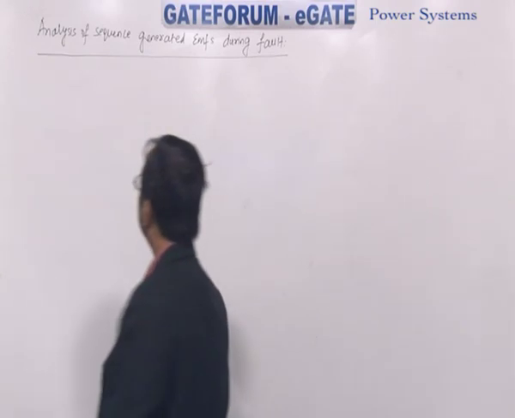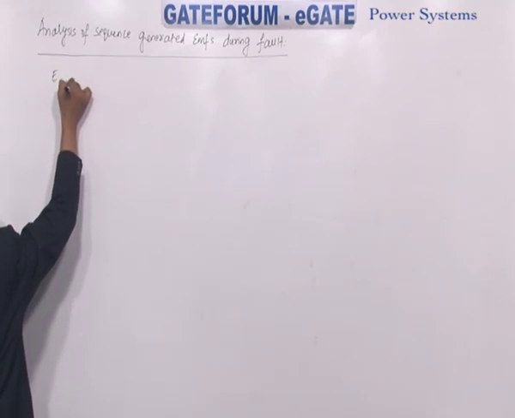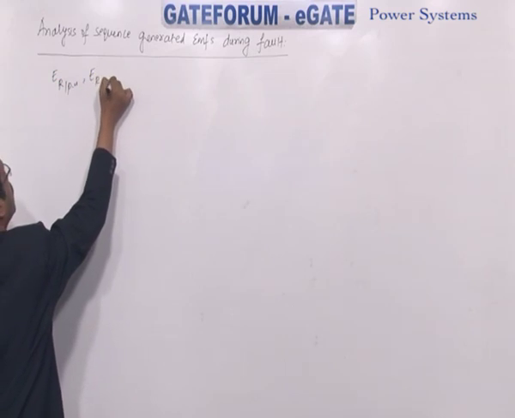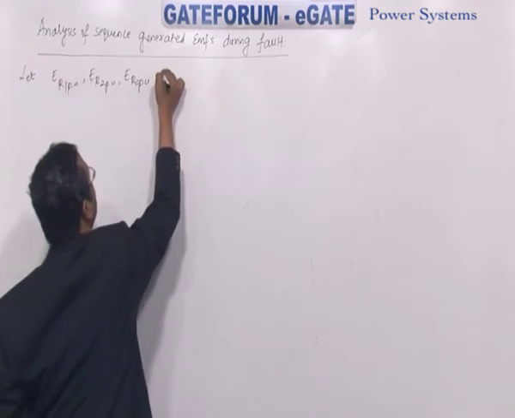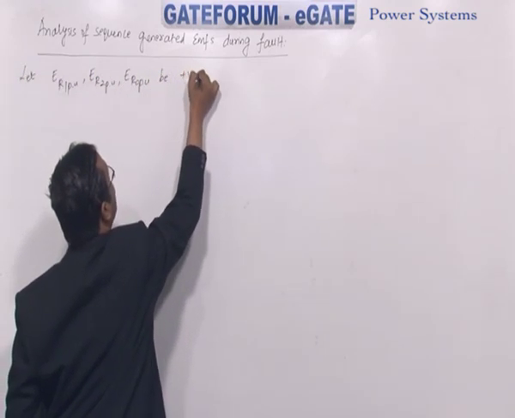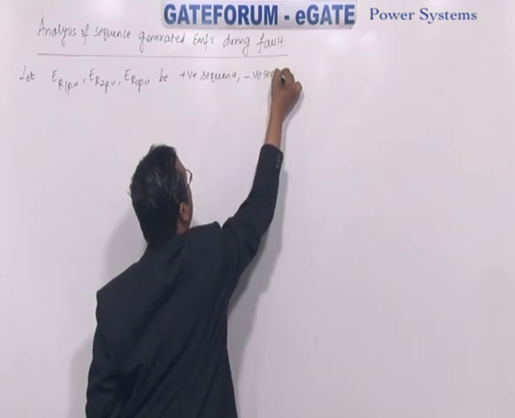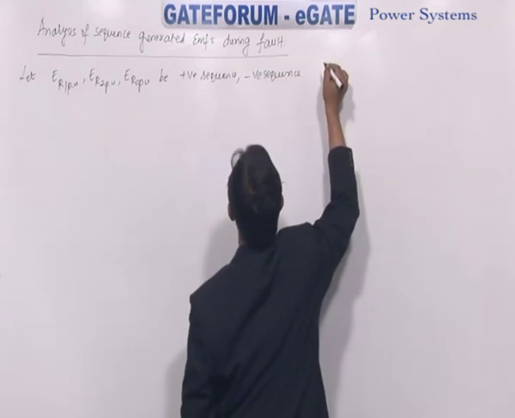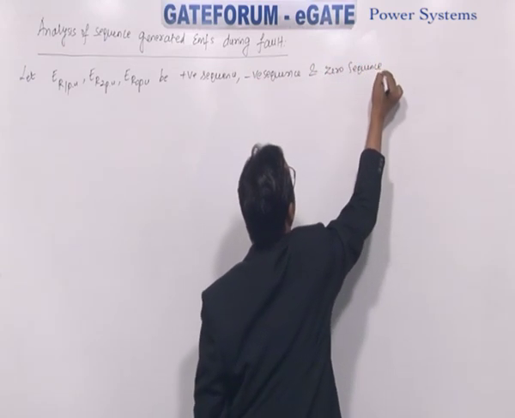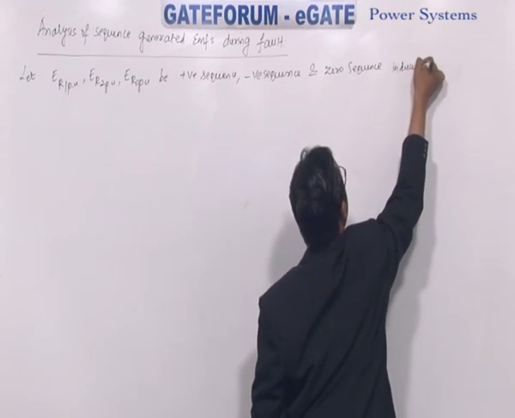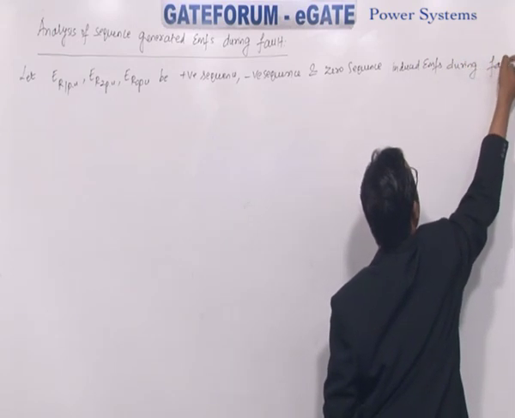For that, you consider that ER1, ER2, ER0 be the positive sequence, negative sequence and zero sequence induced EMFs during fault.